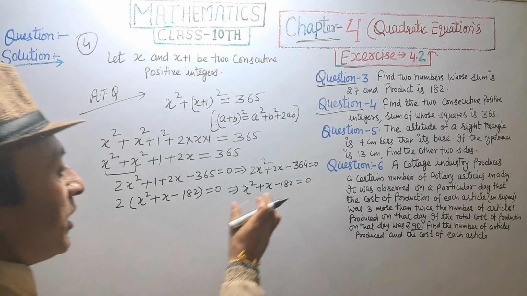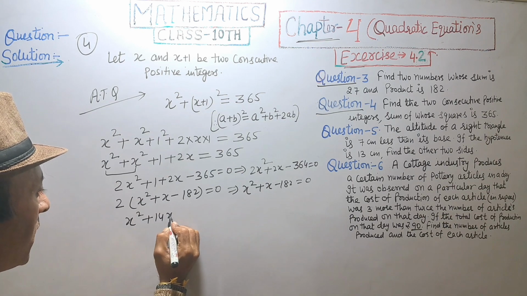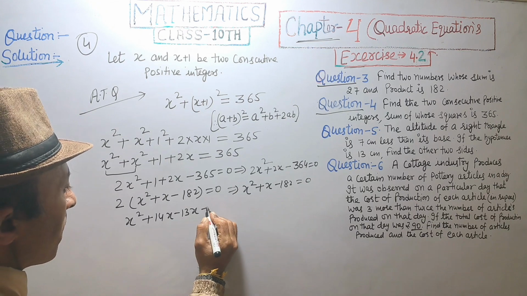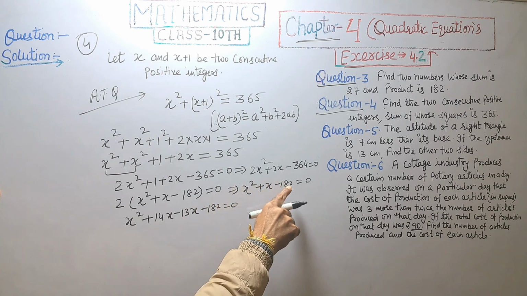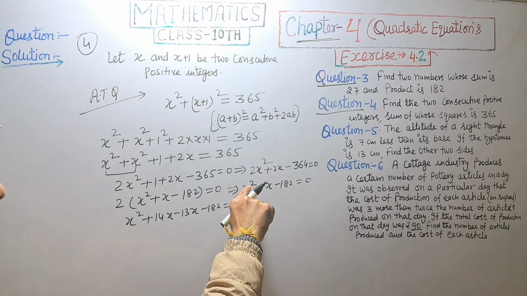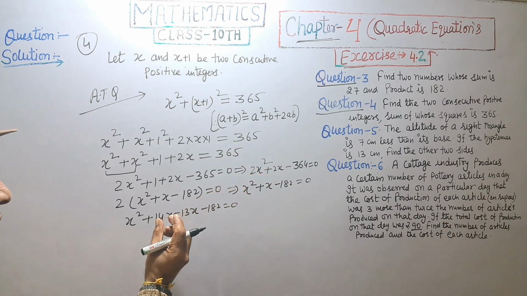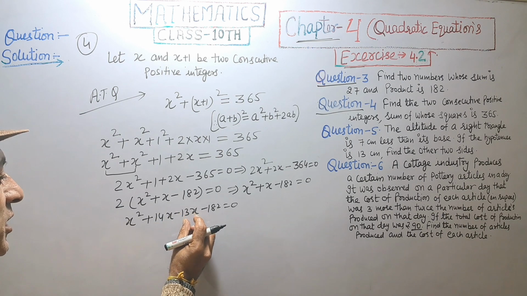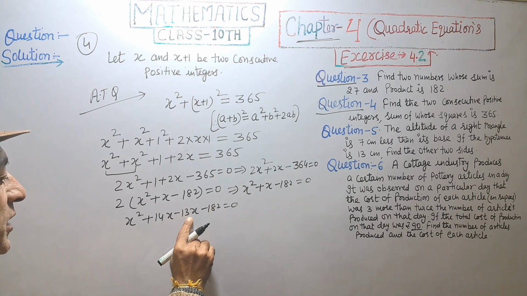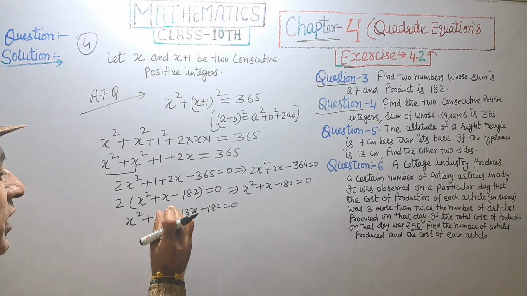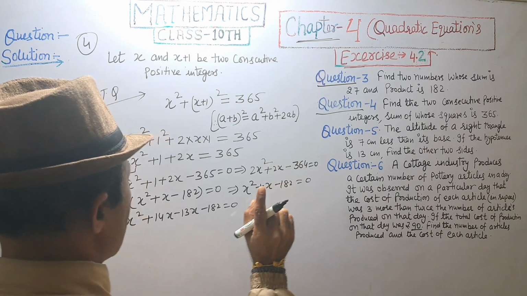We are splitting the middle term: x square plus 14x minus 13x minus 182 is equal to 0. 14 times 13 is 182. The product of first and last is minus 182, and 14x minus 13x is positive 1x.